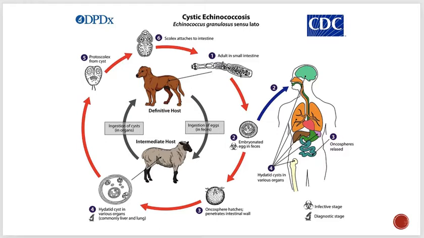For example, whenever anyone is infected with Echinococcus granulosus, a cell-mediated type of immune reaction occurs against the parasite and the oncospheres which are released. The leukocytes increase in number, or leukocytosis occurs.